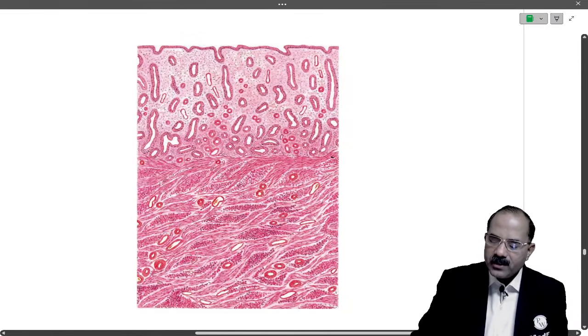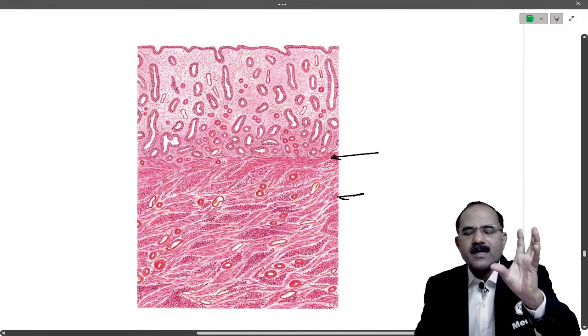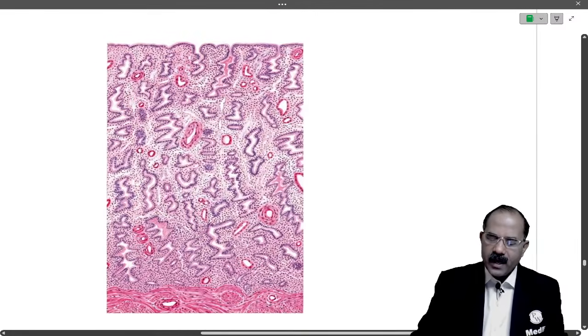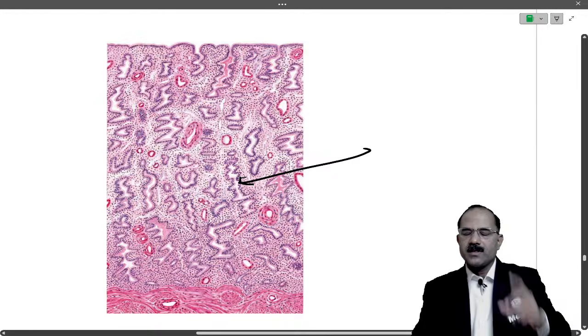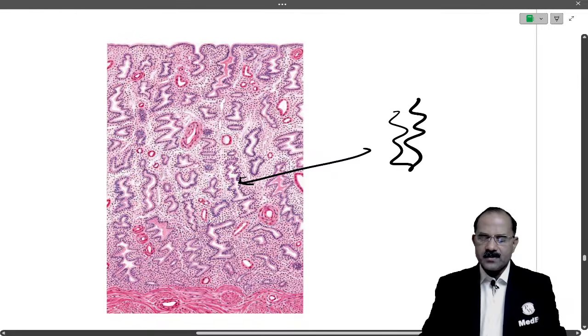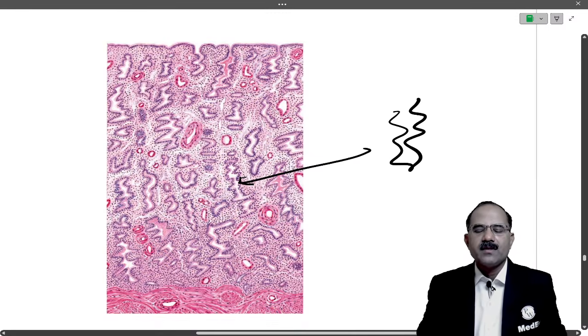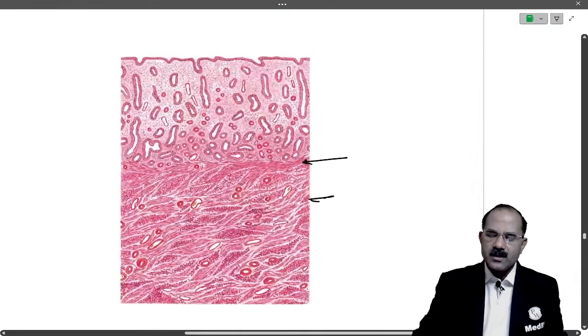You find plenty of muscles. Look, these are smooth muscles, and the glands are very small in size. If you compare with this, the glands are tortuous, with a corkscrew appearance. Muscle is comparatively less. So this is the uterus. Very good. What is this stage and what is the other stage of the uterus?